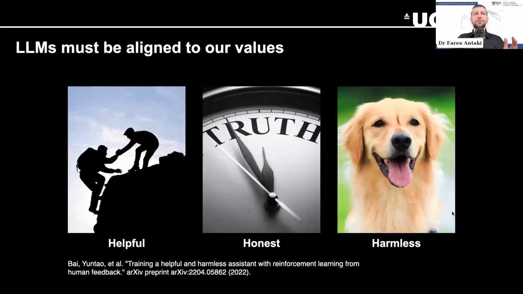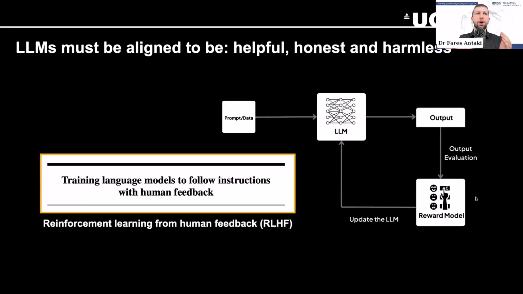There are many ways to make LLMs helpful, honest, and harmless, but one popular way is reinforcement learning from human feedback, which is the technique used by OpenAI. From my understanding of how that technique works, in a high level explanation, you have inputs that go into the language model, the LLM produces an output, and that output is evaluated by humans.